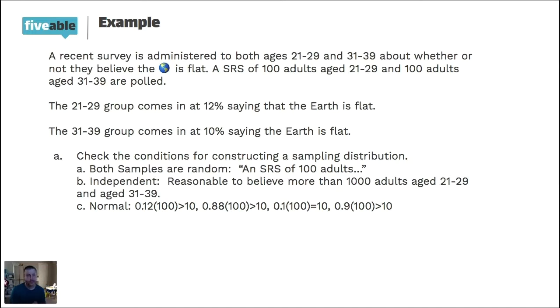So that's a really important thing that this year y'all have a little bit of an advantage to, because you can write those two things on your formula sheet, your cheat sheet, whatever it is you're making. You can write proportions, large counts condition, np greater than 10 and n(1 minus p) greater than 10. Means, central limit theorem, n greater than 30.